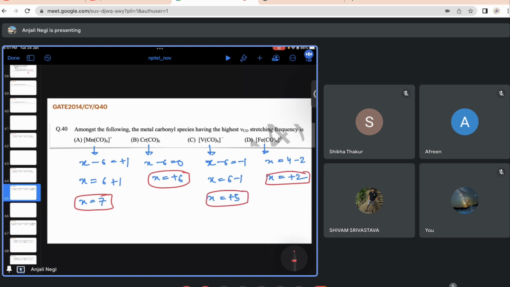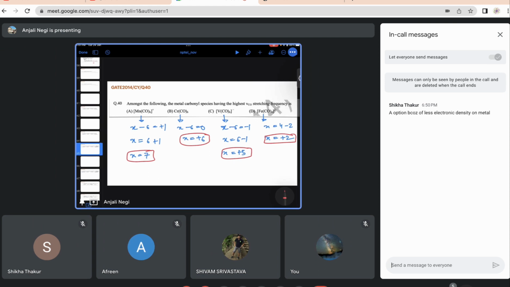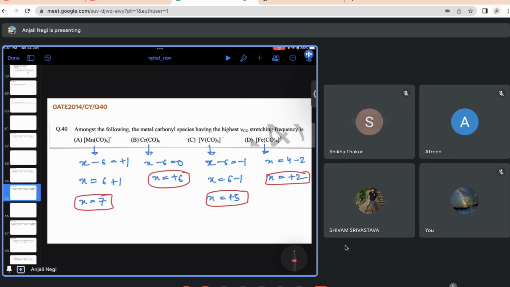So I can see that Shikha has written the A option because of the less electron density on the metal, and that is actually correct.